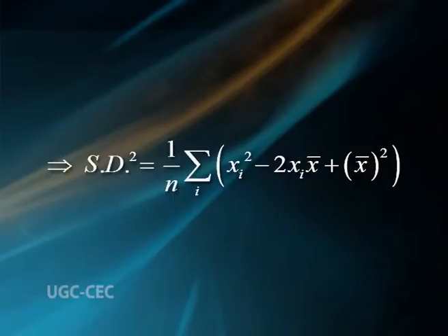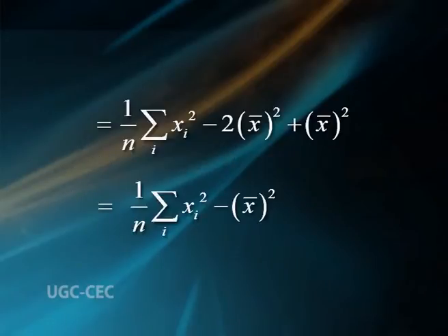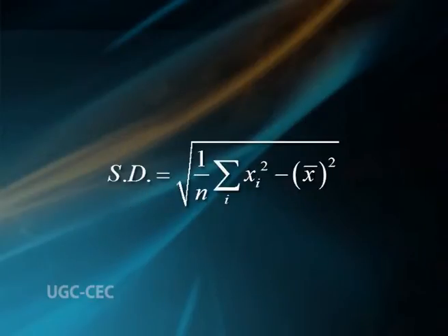This implies SD square equal to 1 by n summation over i (xi square minus 2 xi x bar plus x bar square), that is equal to 1 by n summation over i xi square minus 2 x bar into 1 by n into summation over i xi plus 1 by n summation over i x bar square, that is equal to 1 by n summation over i xi square minus 2 x bar square plus x bar square, that is equal to 1 by n summation over i xi square minus x bar square. Hence, SD equal to square root of 1 by n sigma over i xi square minus x bar square.